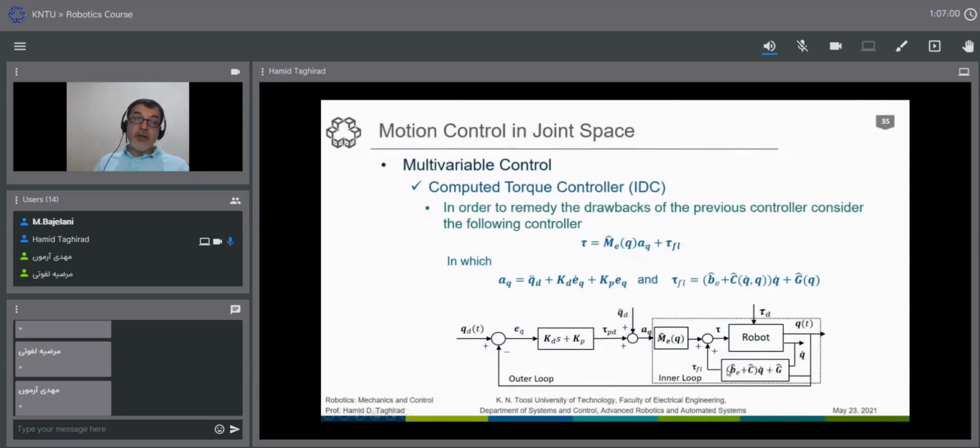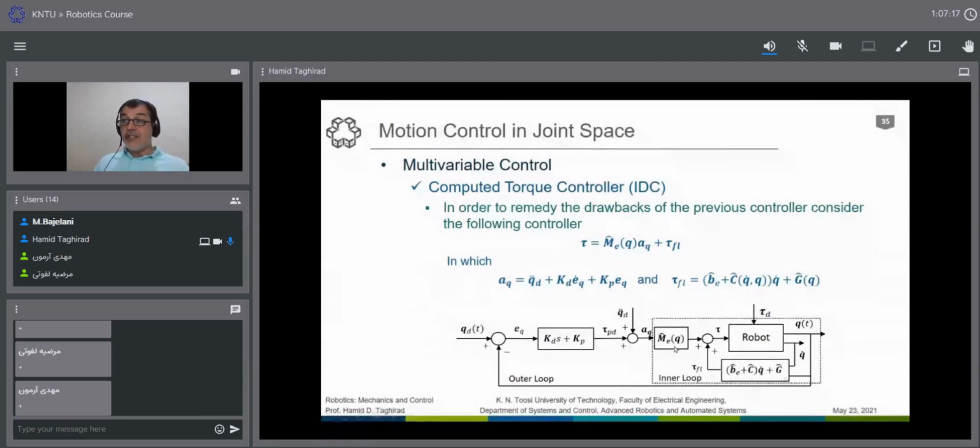This might come to the picture at the beginning, but this is not the right case because of two reasons. If we put M in here, then we need also Q double dot measurement. This is prohibited in robotics.